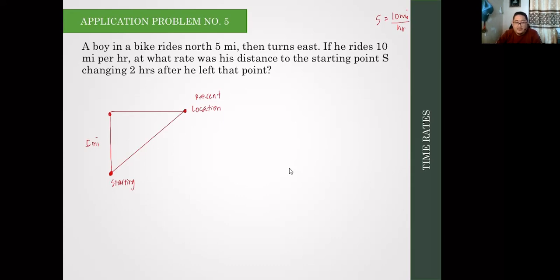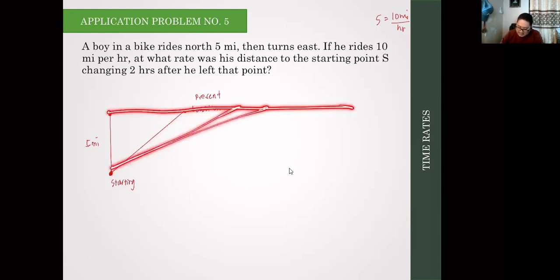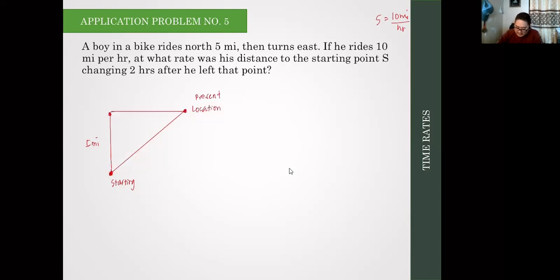So, 2 hours after siyang makaalis dito. Okay? So, kailangan hanapin natin yung rate ng pag-change nito. So, habang pumupunta siya, ano yung rate ng pag-change ng distance na yun mula doon sa starting point niya? Okay?